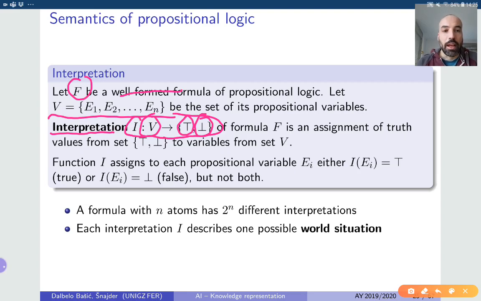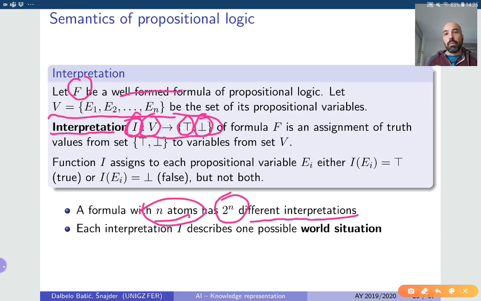Now, if my formula has n atoms, then if you think about all the possible combinations, it's going to be 2 to the power of n, since each and every variable can be either true or false, on or off. So a formula with n atoms will always have 2 to the power of n different interpretations, so different I functions.